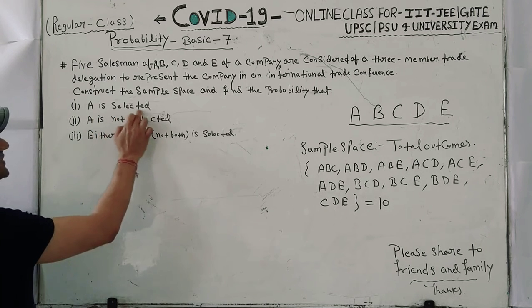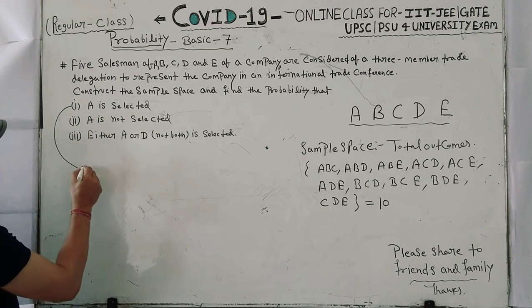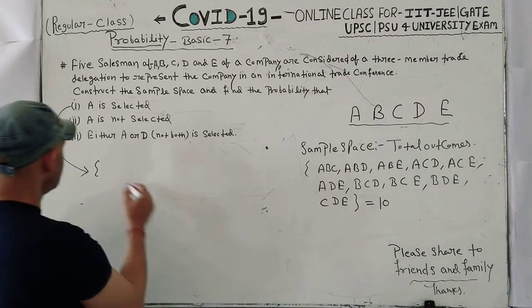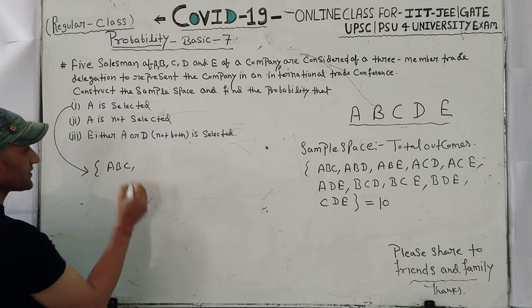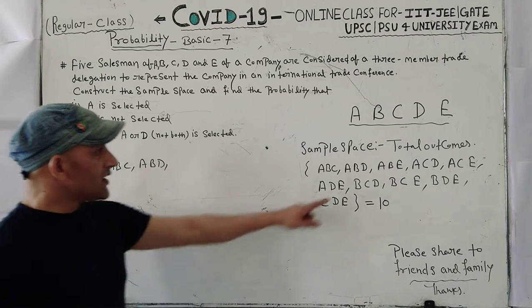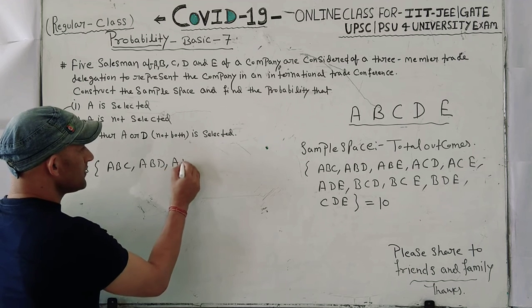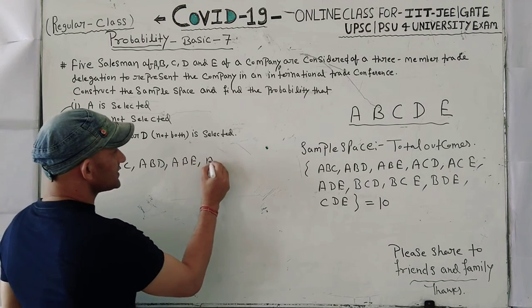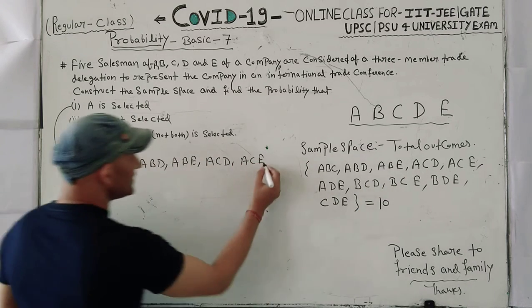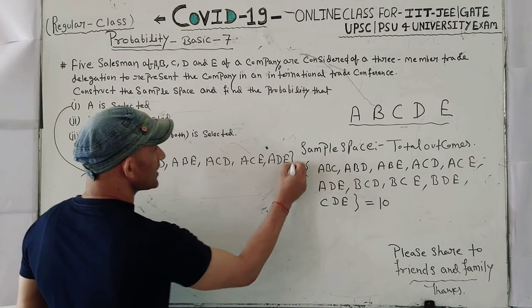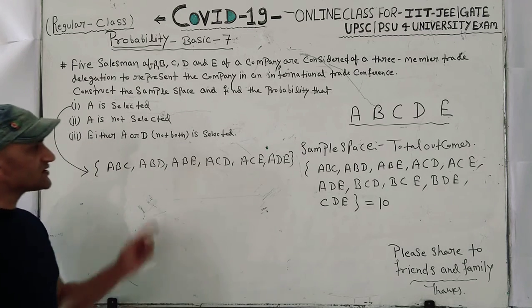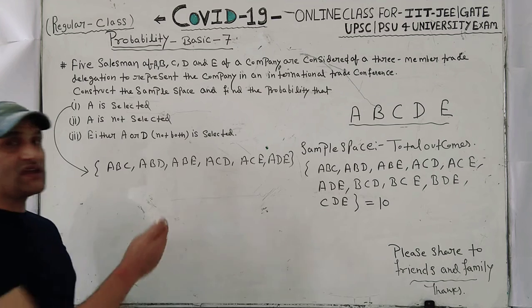Now he is asking for A to be selected. You have to think about where A is. A is here in A, B, C, again in A, B, D, also in A, B, E, then A, C, D, then A, C, E, then A, D, E. So there are a total of 6 cases, 1, 2, 3, 4, 5, 6, in which A is present.